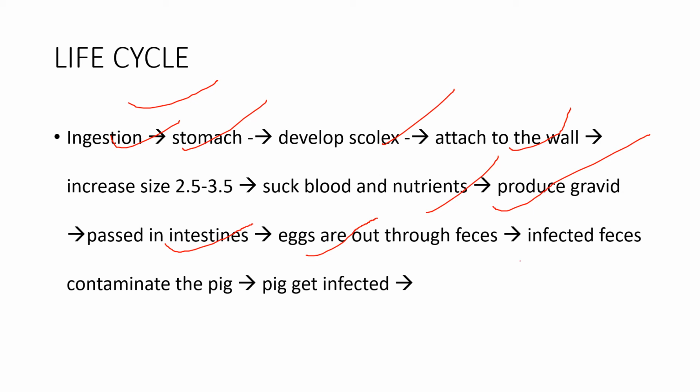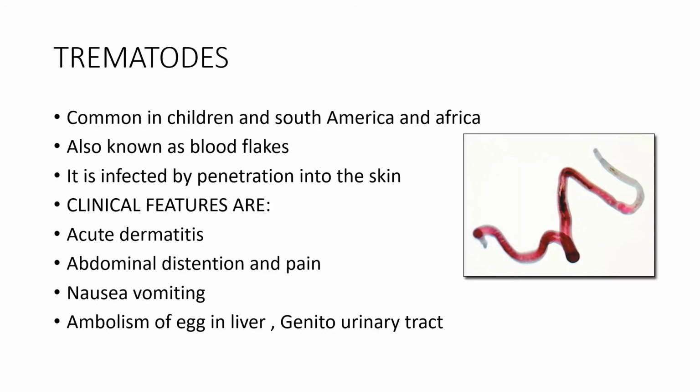If the infected feces contaminate the pigs or any cow, the pig or the cow gets infected. If we consume the meat of the infected pig or cow, it again leads to the development of tapeworm infestation. So this is the life cycle of the worm infestation we have.